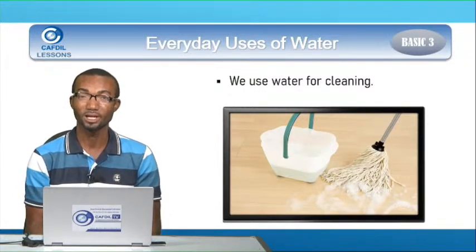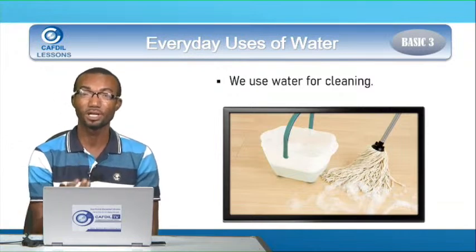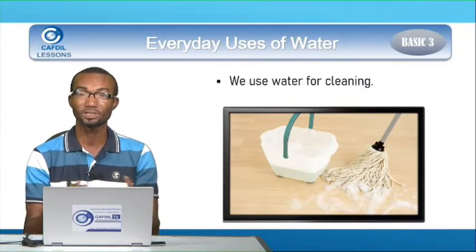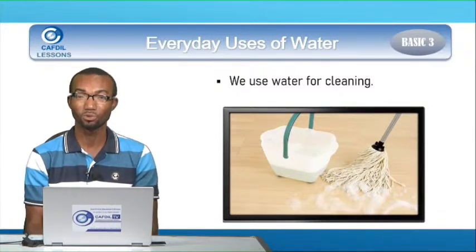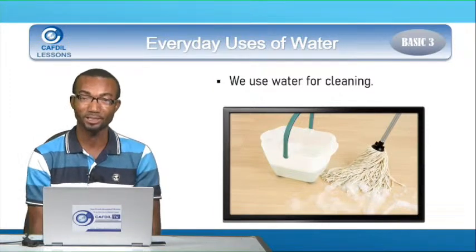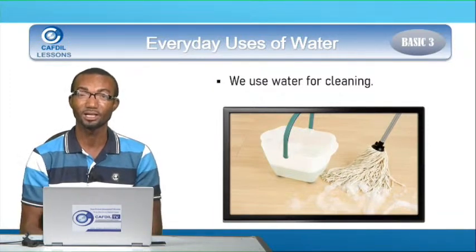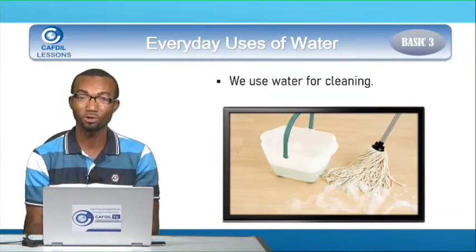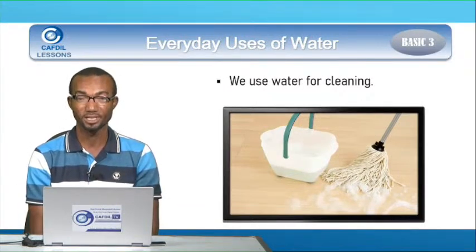If you go to the washing bay, they use water to wash the cars of people. Those who sell fruits at the market wash the fruit with water and clean it before they bring it for sale. So Kate, we use water for cleaning.